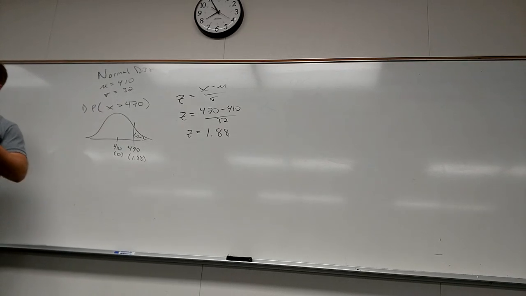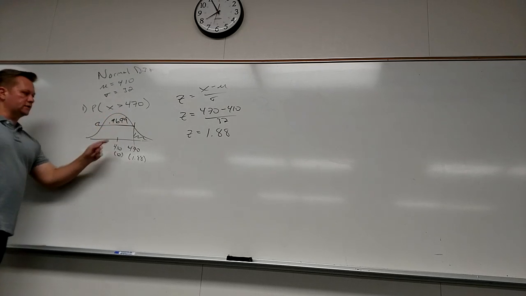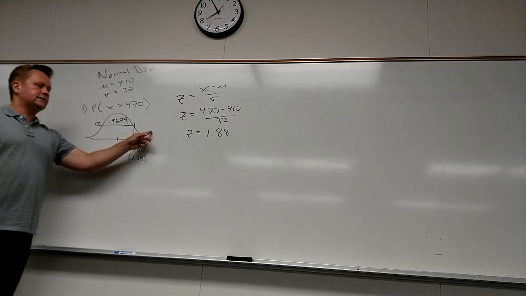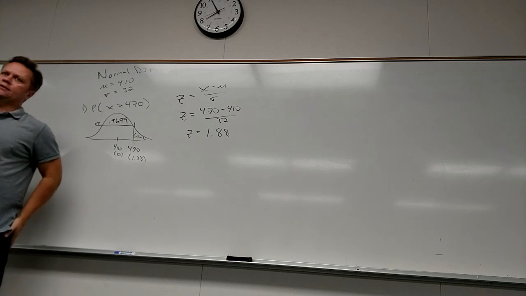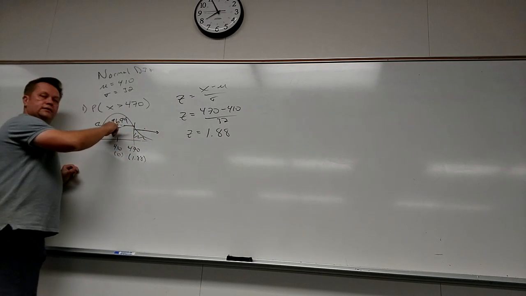The minute you look up something in the chart, you put it below the thing you just looked up, because that's what the chart tells you. So if I put the 0.9699, I know that can't be the answer because I know it's supposed to be a small area. But if everybody just puts it up there, they keep going like, that makes sense. That doesn't make any sense. What is the right answer? 1 minus this.